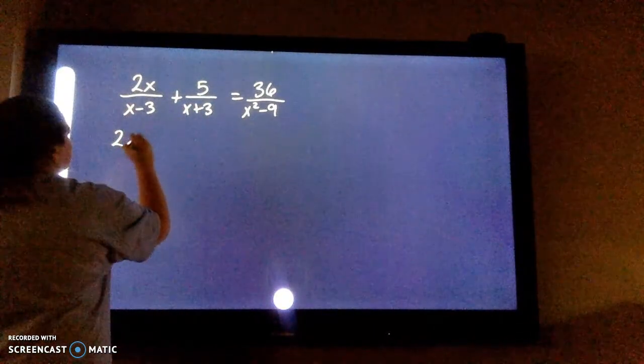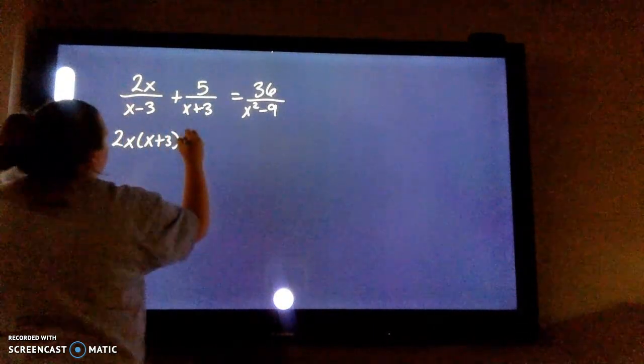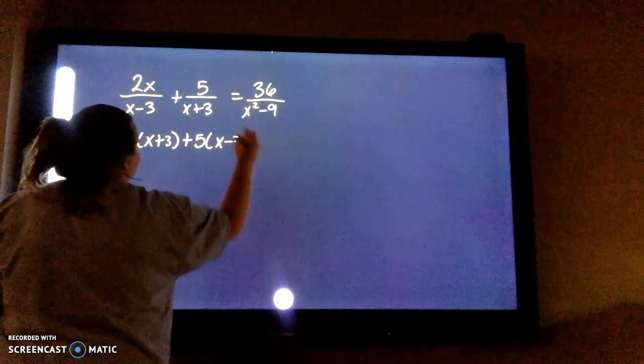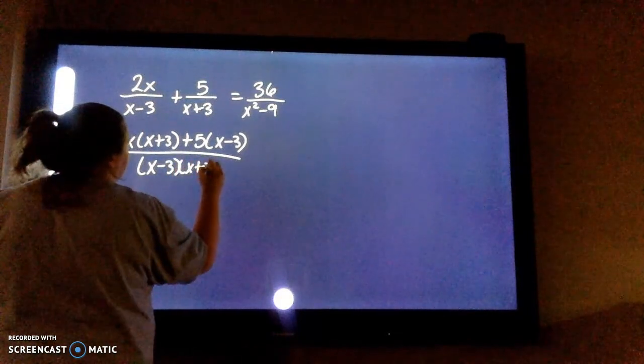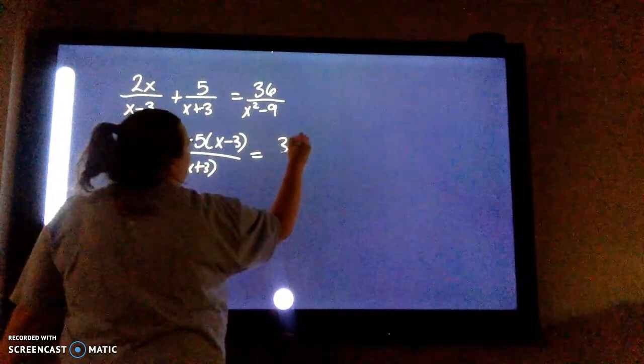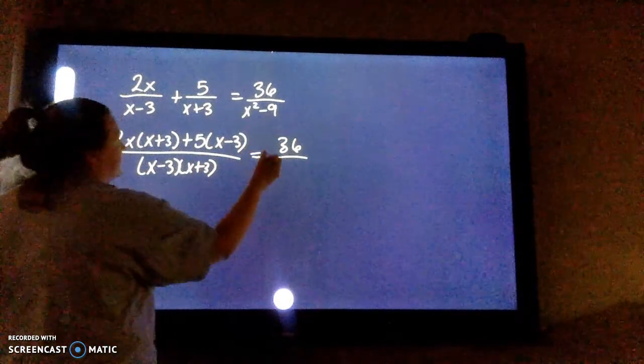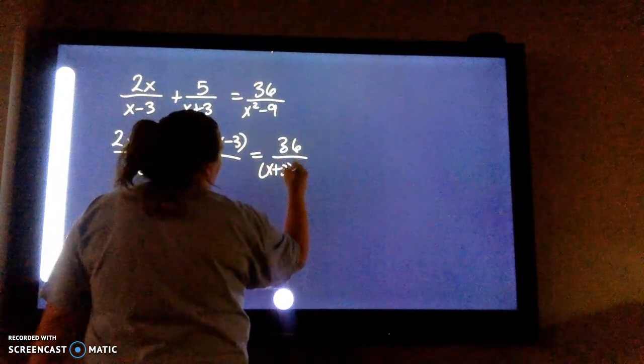So I'm going to have 2x times x plus 3 plus 5 times x minus 3 all over x minus 3, x plus 3 equals 36 over, well, this factors into x plus 3, x minus 3.